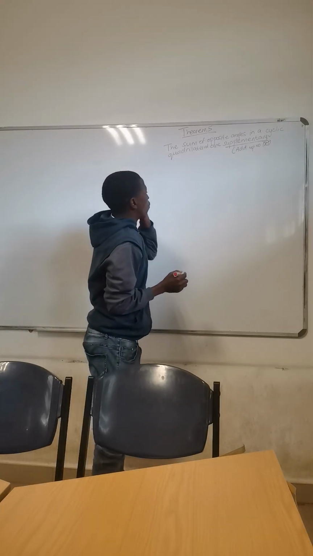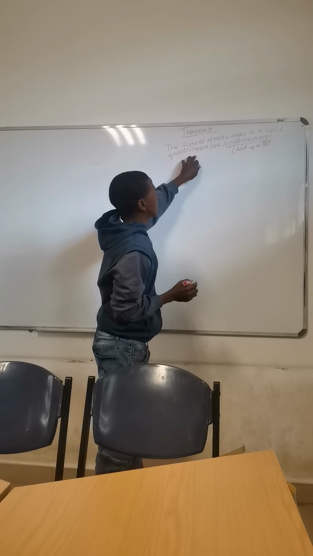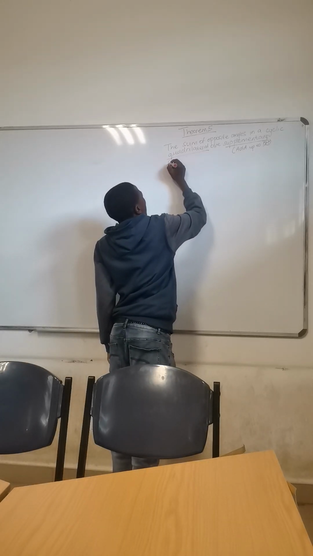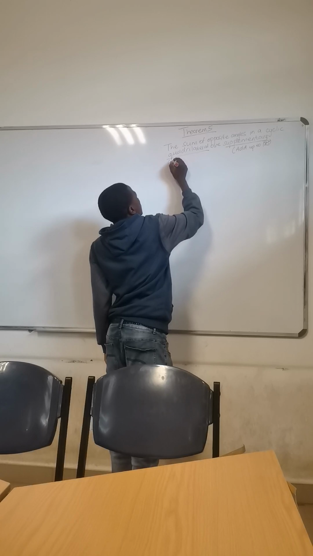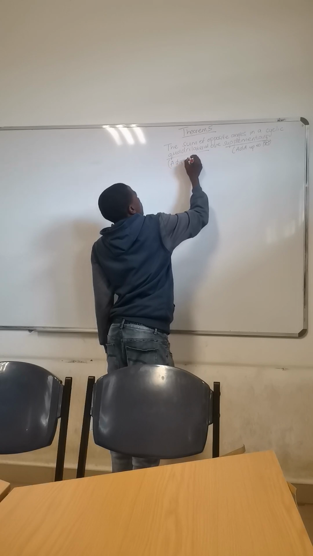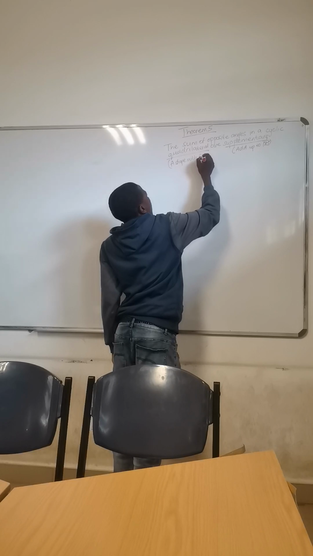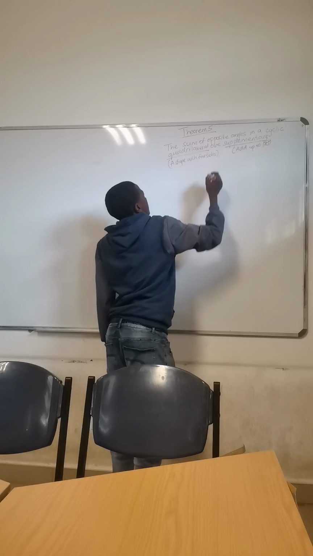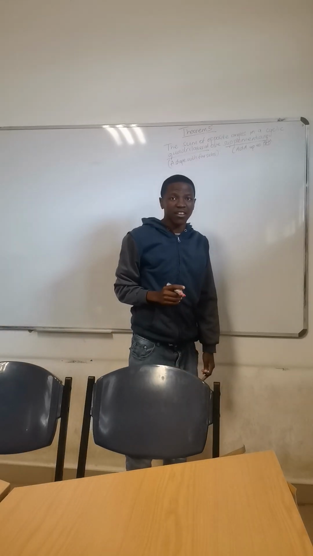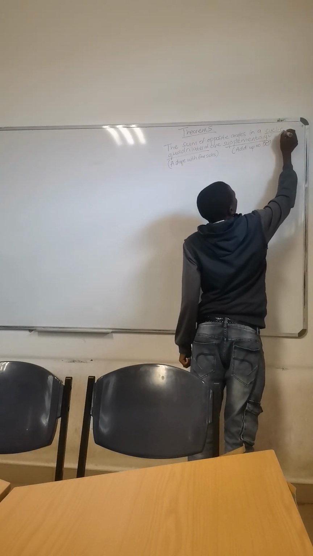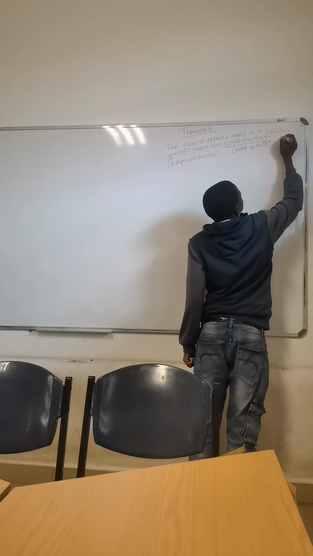And then, when we speak of a quadrilateral, we speak about a shape with 4 sides. That is a quadrilateral. And when we say cyclic, we mean this is a circle.